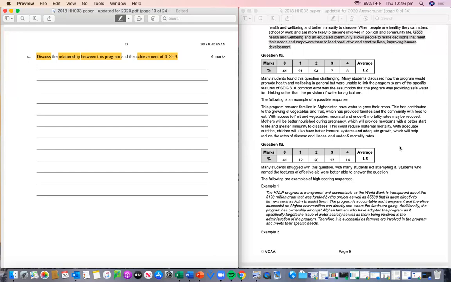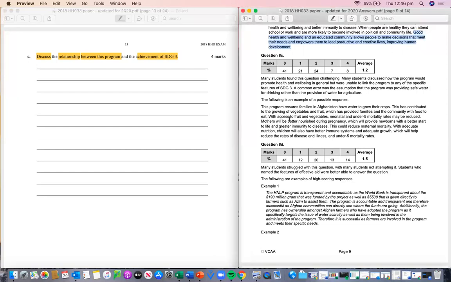All right. So what this actual answer has done here is it's looked at access to fruit and vegetables impacting neonatal and under 5 mortality rates then being reduced. And the reason being is because of the promotion of agriculture and so forth. What it's then done is looked at how mothers can be better nourished during pregnancy, which is actually an achievement of SDG 3.